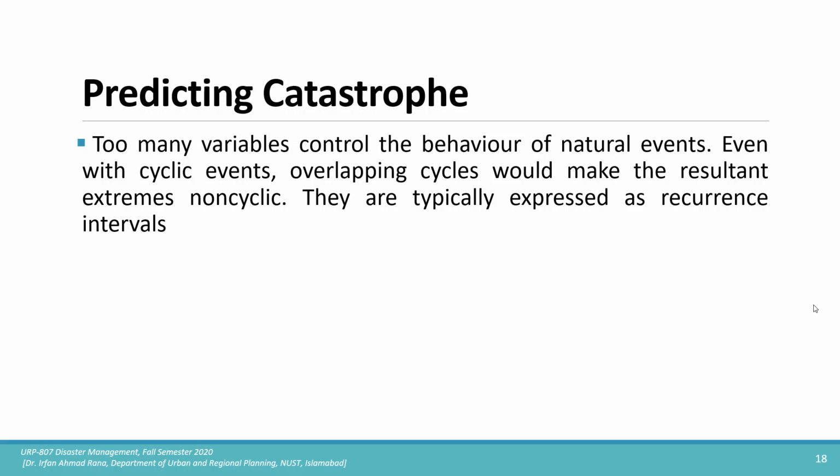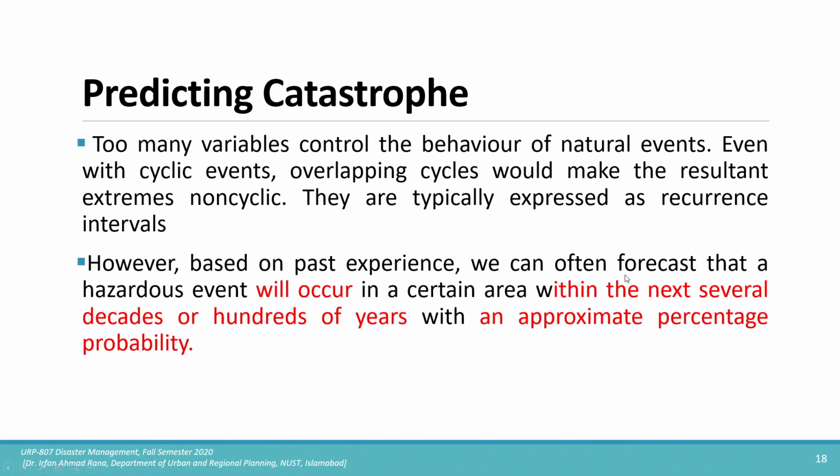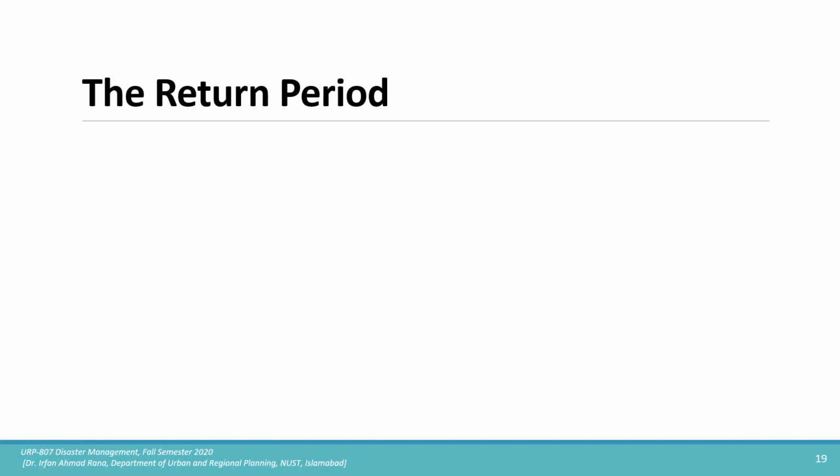So we are going to be predicting catastrophe in a certain area: when will a hazardous event occur, and what would be the temporal range of it? Within several decades or years, hundreds of years, with an approximate percentage of probability or certainty that this flood will occur.